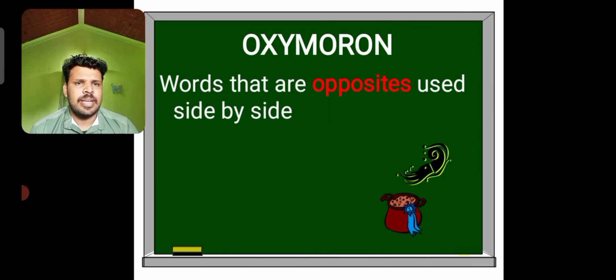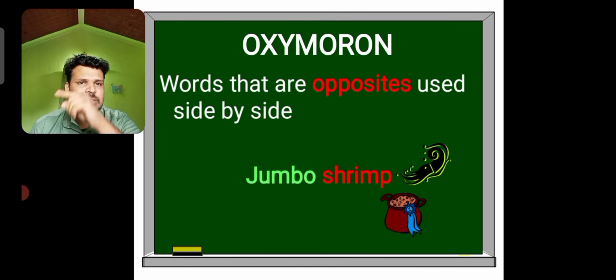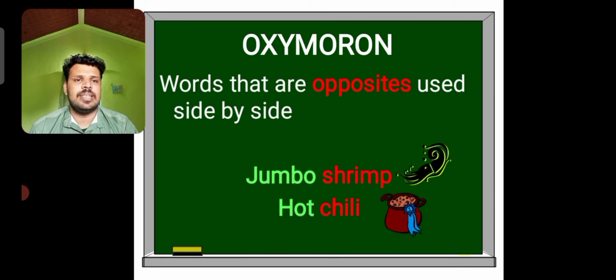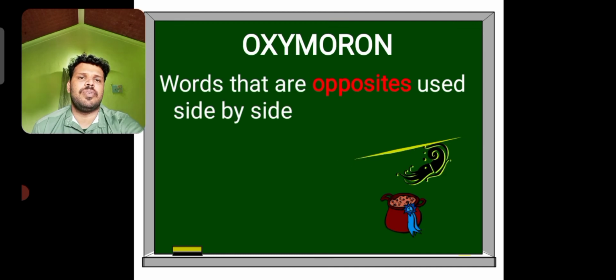So we keep two opposite concepts together side by side. This is oxymoron. Let's check the examples: jumbo shrimp, hot chili, bittersweet. Bittersweet is a good example of oxymoron.